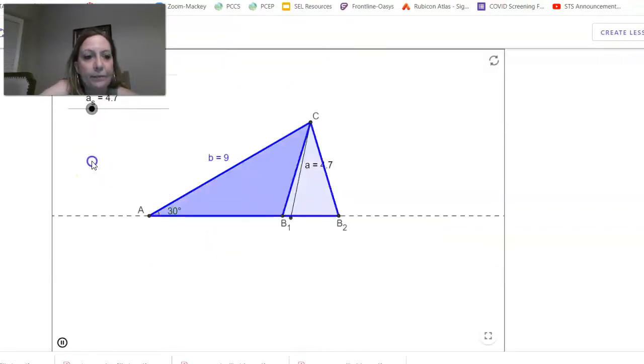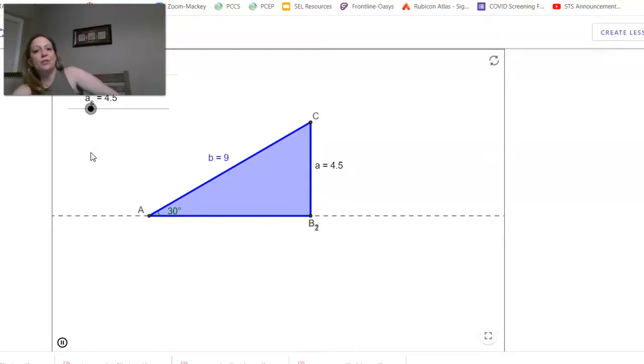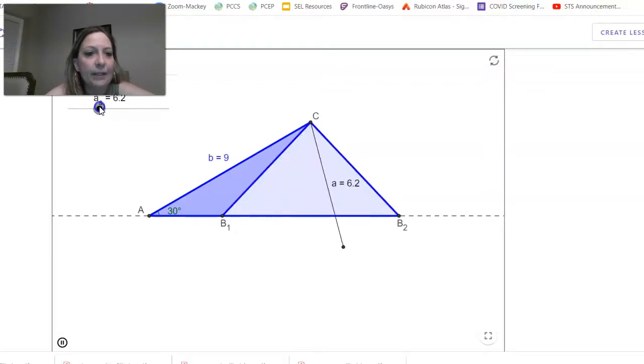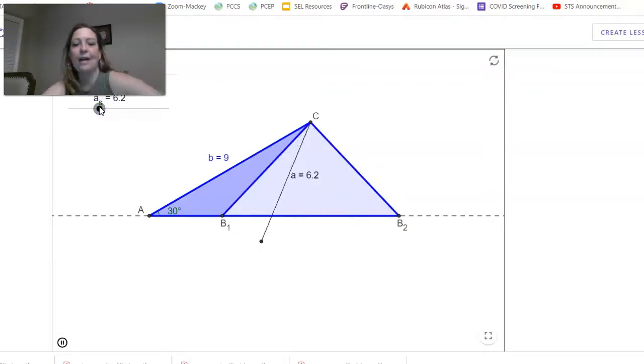Oops. And there is a possibility, hang on, where there is just one triangle that could be formed, okay? But notice that as we increase the length here, we have two different triangles that are possible.